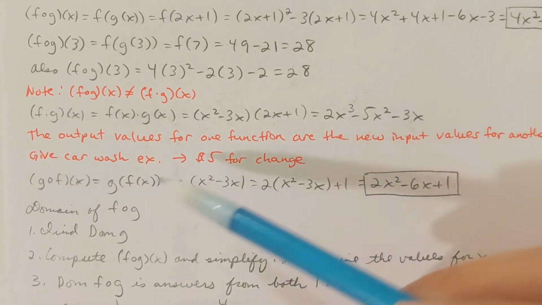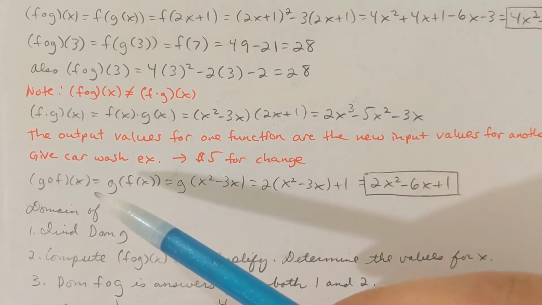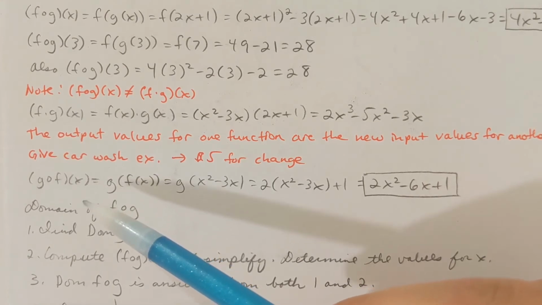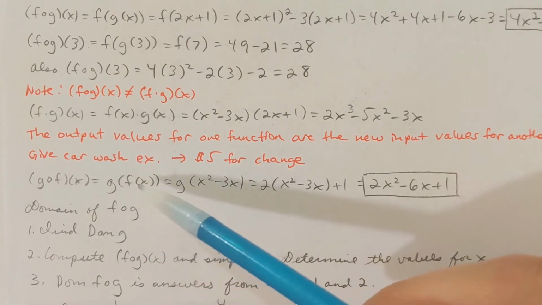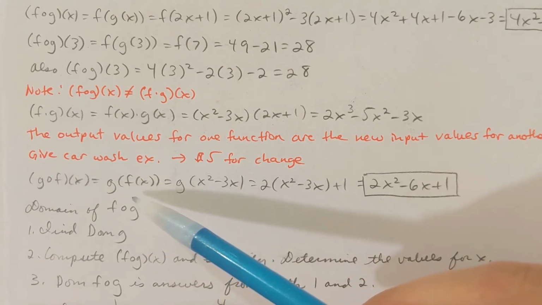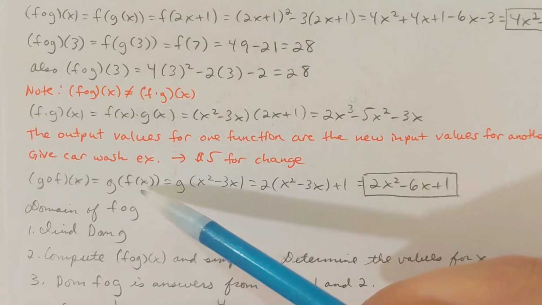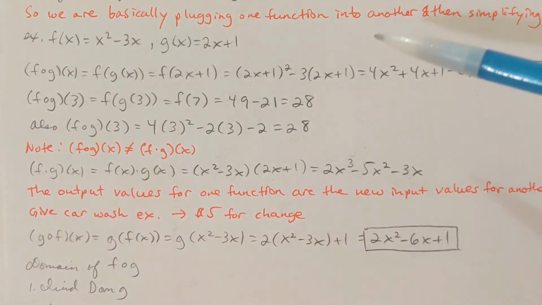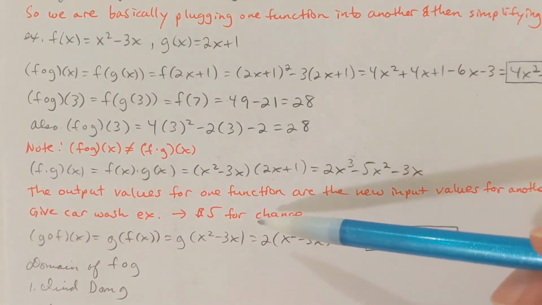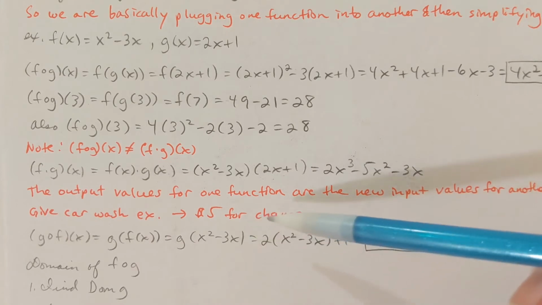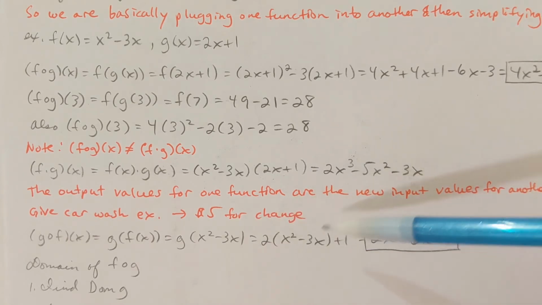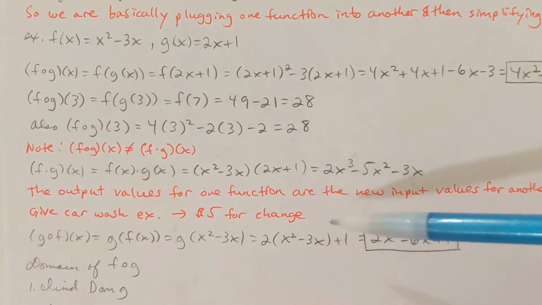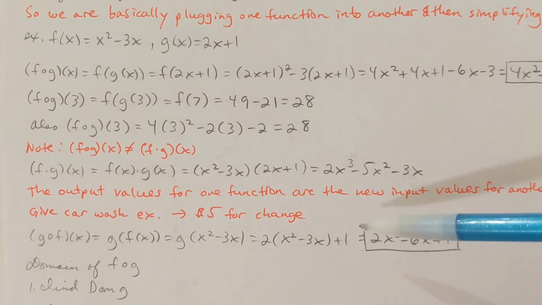Suppose that we want to find g of f of x. Whatever function is written second means I'm plugging that one into the one that's written first. So I need to find g of f of x. Well, f of x is given to me. That's x squared minus 3x. G of f of x is g of x squared minus 3x, which is 2 times x squared minus 3x plus 1.